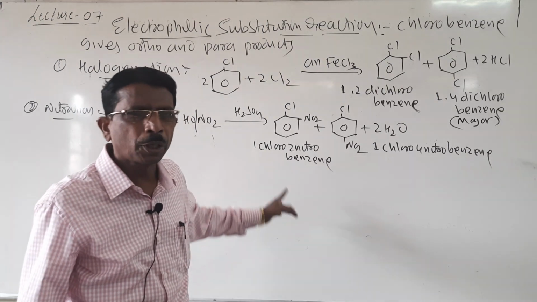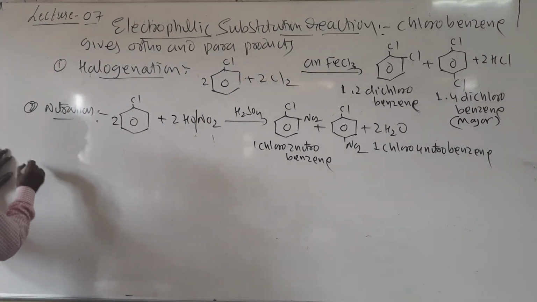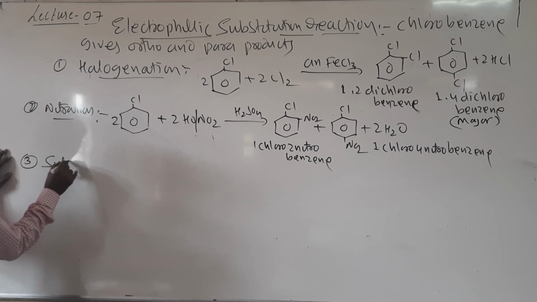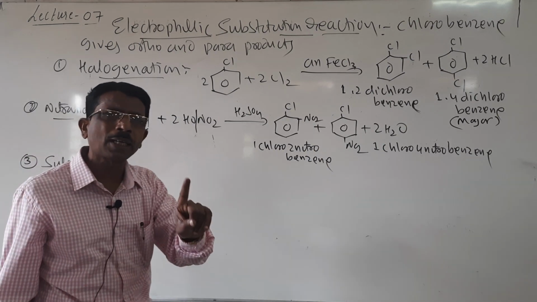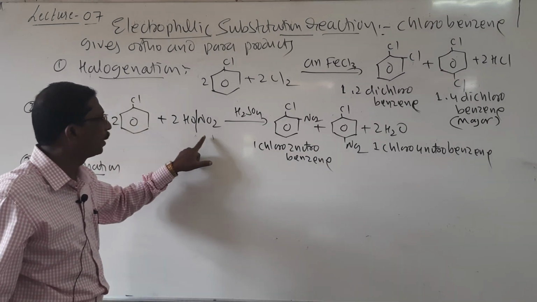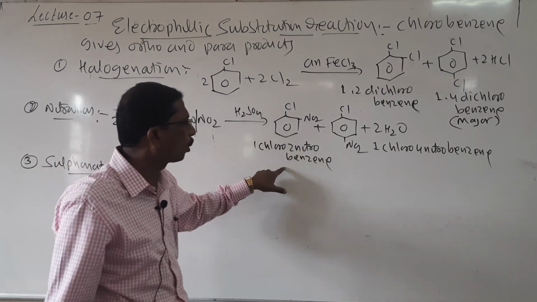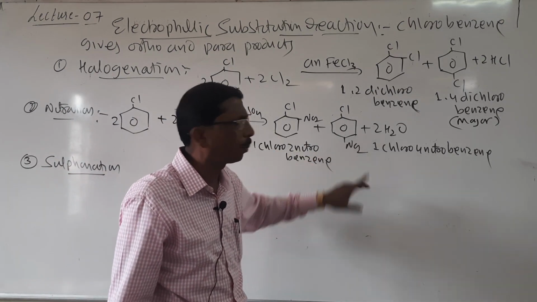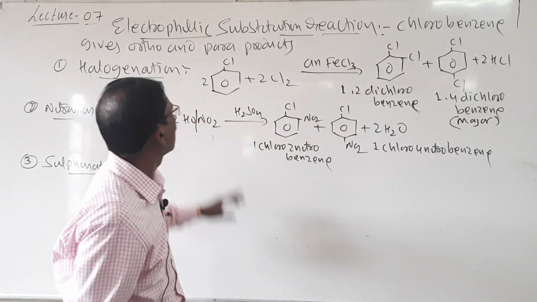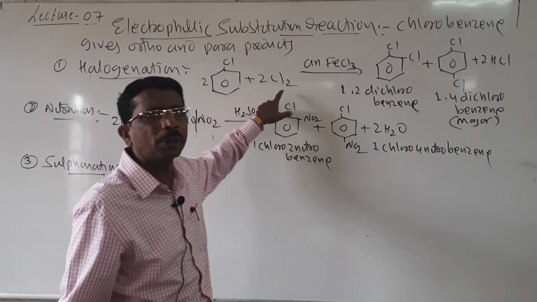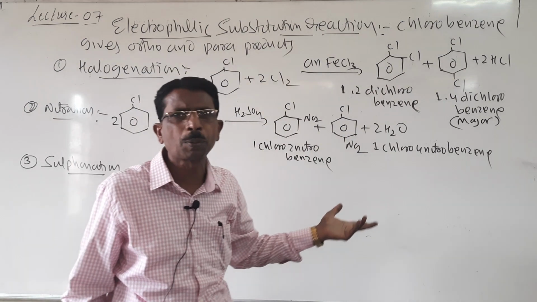You write a simple one-line statement: when chlorobenzene is treated with concentrated nitric acid in the presence of concentrated sulfuric acid, 1-chloro-2-nitrobenzene and 1-chloro-4-nitrobenzene are formed. It gives the ortho and para products. This much only, one line. And also, when chlorobenzene is treated with chlorine in the presence of a halogen carrier, it forms ortho and para products. You may write this much also.